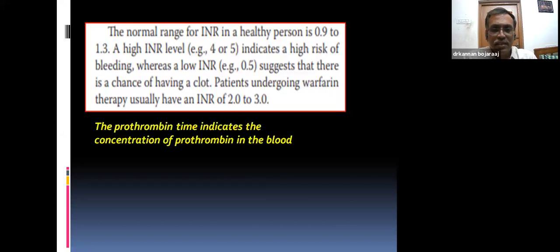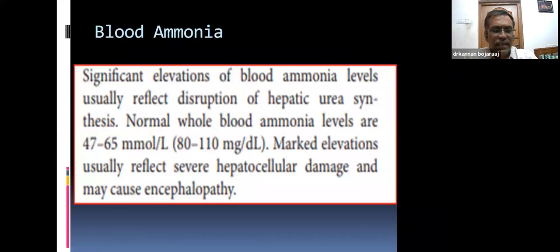So in a nutshell, the prothrombin time indicates the concentration of prothrombin in the blood. That is the thing you have to understand. And the next one in the LFT is blood ammonia estimation.